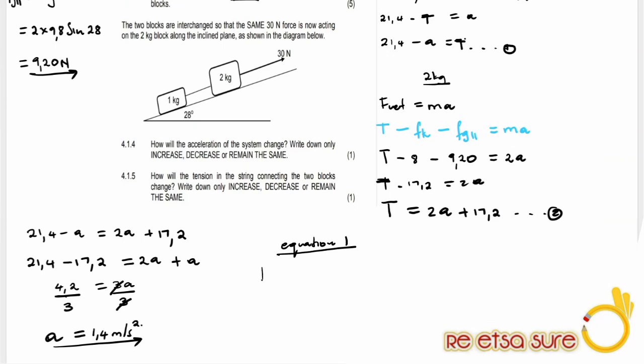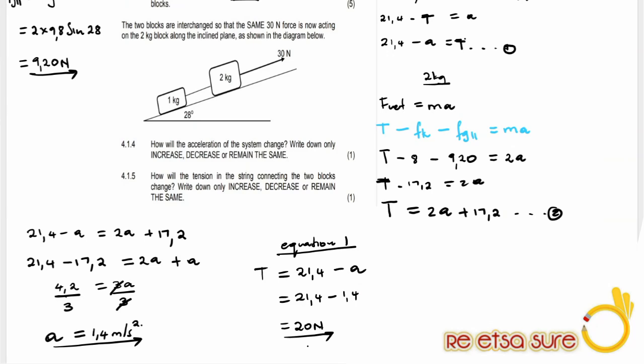It says T is equal to 21,4 minus a. So I'm going to have 21,4 minus, the value of a is 1,4. When I press my calculator, 21,4 minus 1,4, our answer there is 20 N.